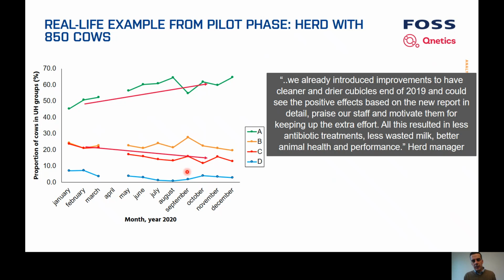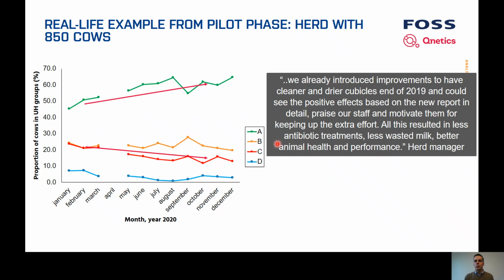The herd manager explained to us that they had already introduced some improvements in terms of cubicle management at the end of 2019 and could see very positive effects based on the new report in detail. And this was a new way for them to document such improvements.